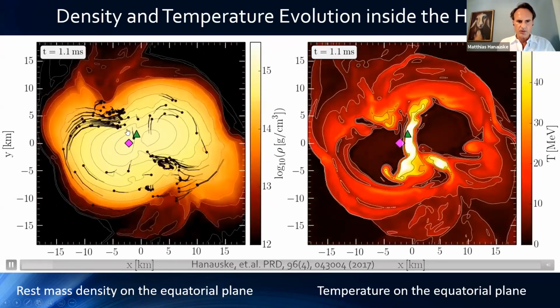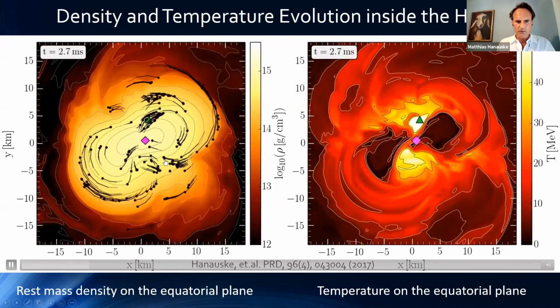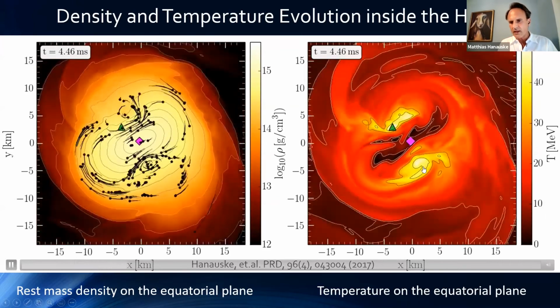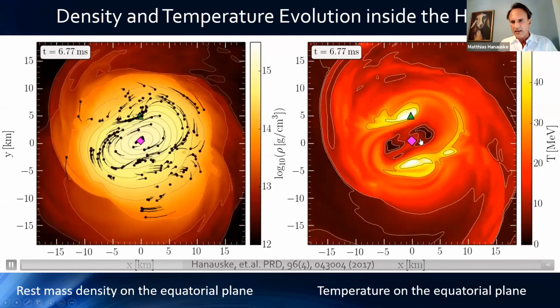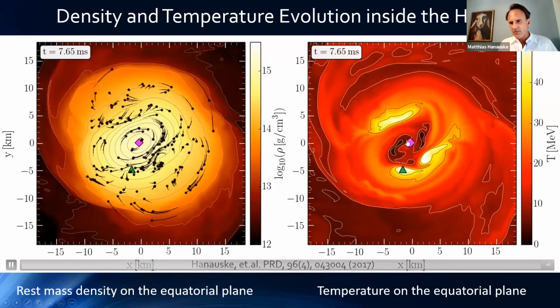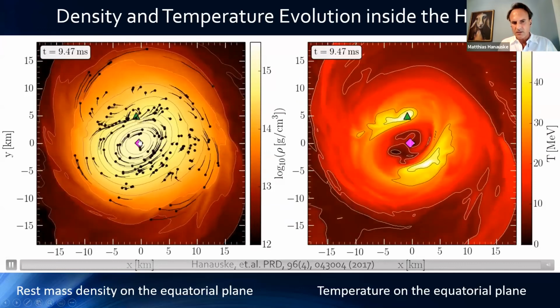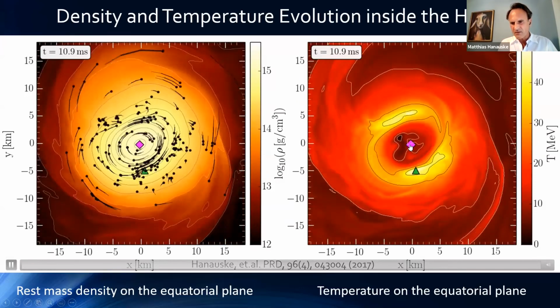The double core structure first, then the particles moving around in circles over here, and these are the positions where the two temperature hotspots occur. However, the temperature in the interior is not so hot, as you can see. In the interior, it is really dense, but it's not so hot.